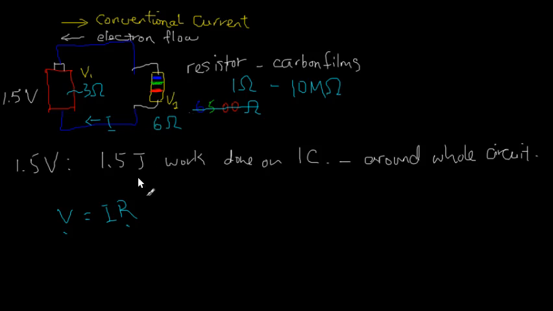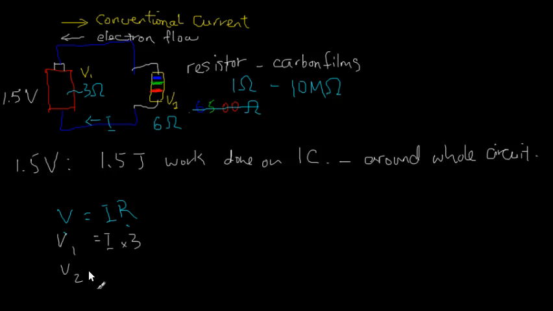Okay. Now if I substitute it into these numbers here, V1 would be equal to I times 3. And V2 would be the same current I times the resistance of 6.